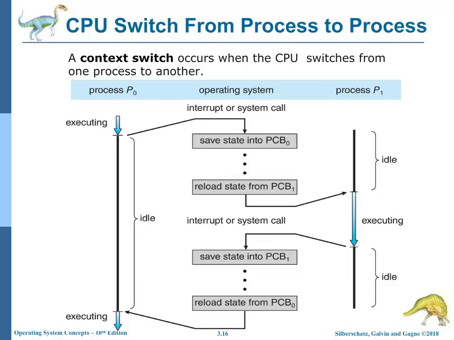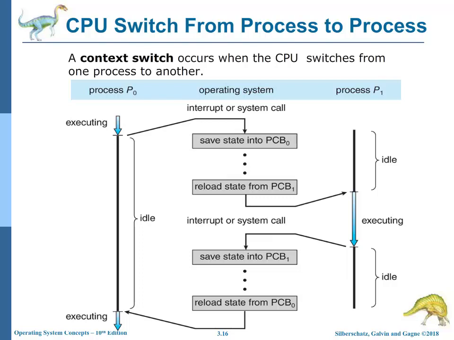When the scheduler switches the CPU from executing one process to executing another, the state from the current running process is stored into the process control block. After this, the state of the process to run next is loaded from its own PCB and used to set the PC, registers, etc. At that point, the second process can start executing.